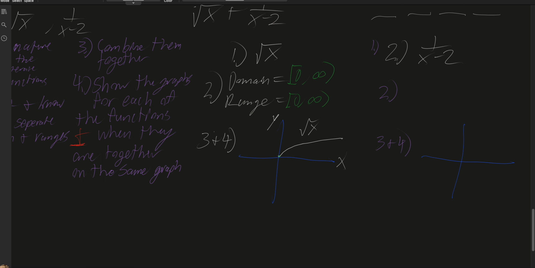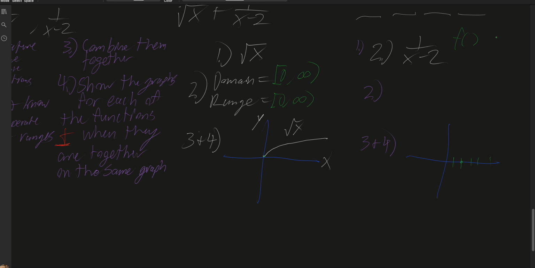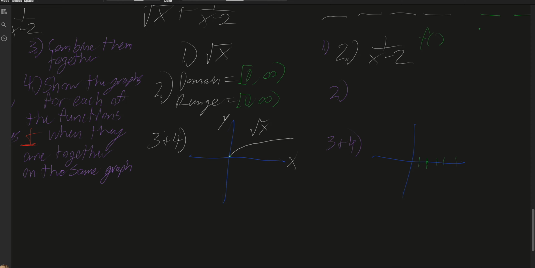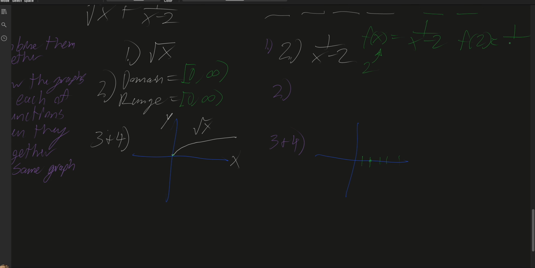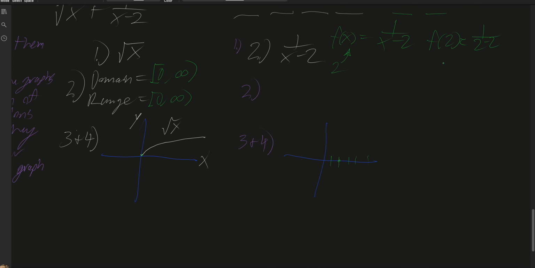Typically, in reciprocal functions like this, we would have a problem at 2, because if we have f of x is equal to 1 over x minus 2, and we were to plug in 2, we would have f of 2 is equal to 1 over 2 minus 2, and we cannot divide by 0.